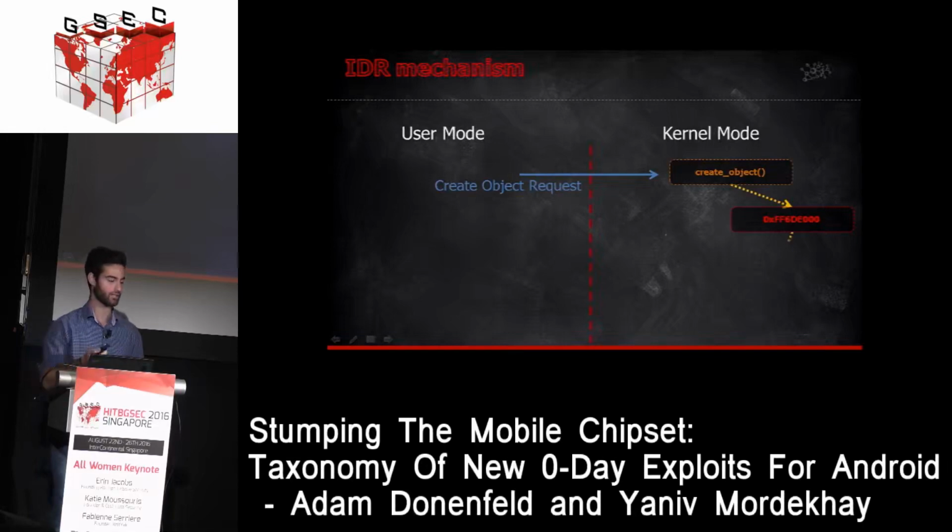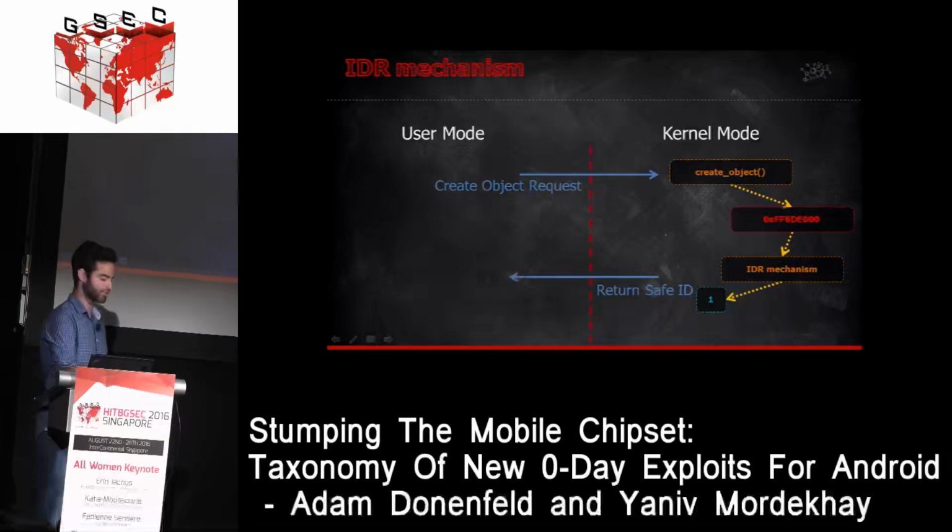So instead the kernel passes this address to the IDR mechanism, which maps between this address and a number. And instead of giving the user back the kernel address, it returns this number. And now every time the user wants to use this object for updating, for destruction, for whatever, it will give the kernel this number instead of the address.